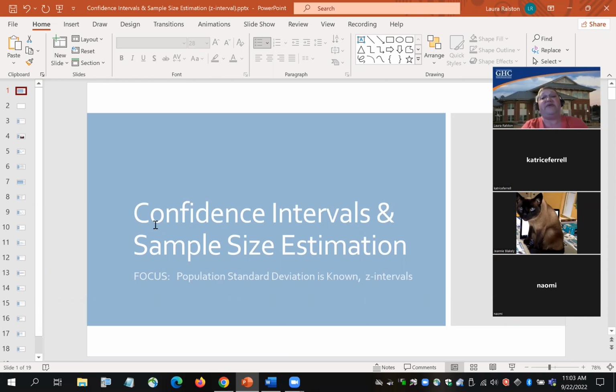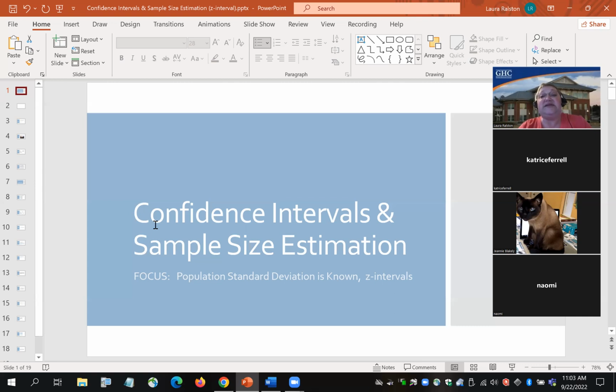So this may be new information to you. And we will ultimately talk about three different types of confidence intervals. We have a Z interval, a T interval, and then we have a Z for a proportion. So we'll ultimately talk about all three of those.